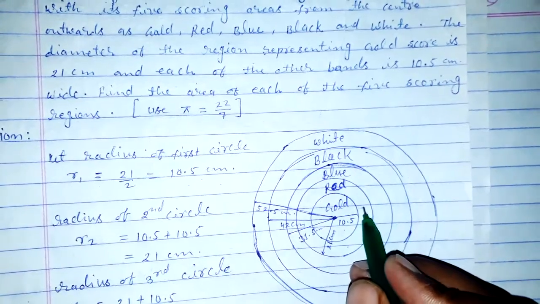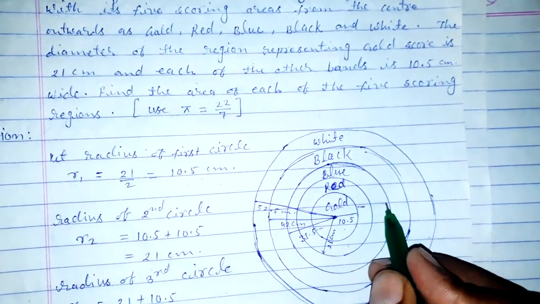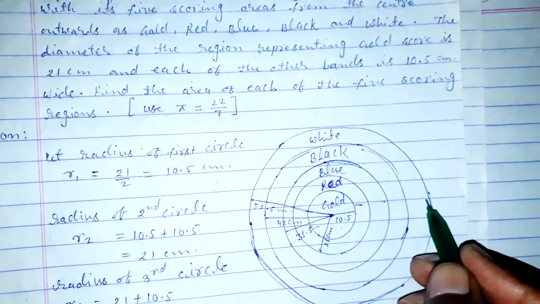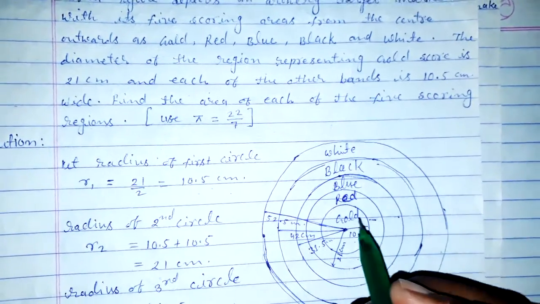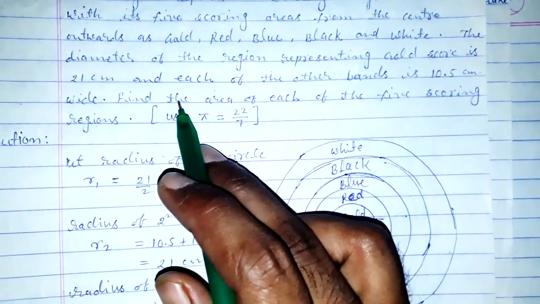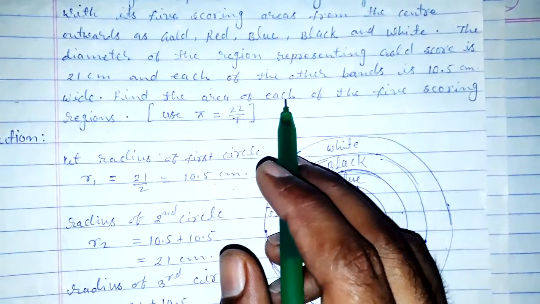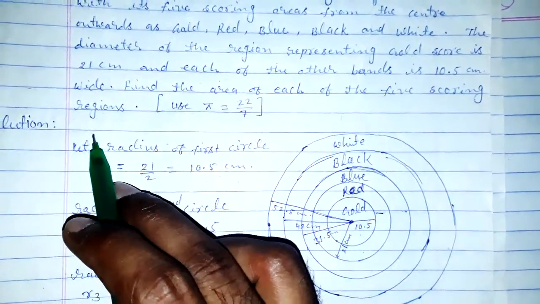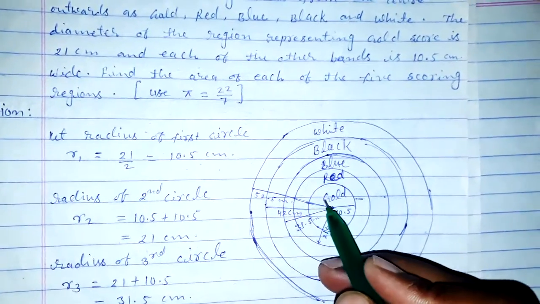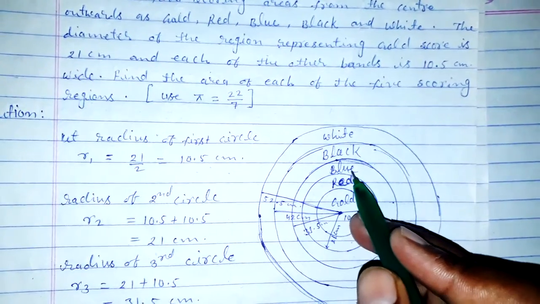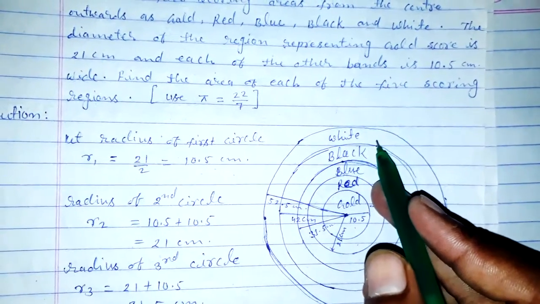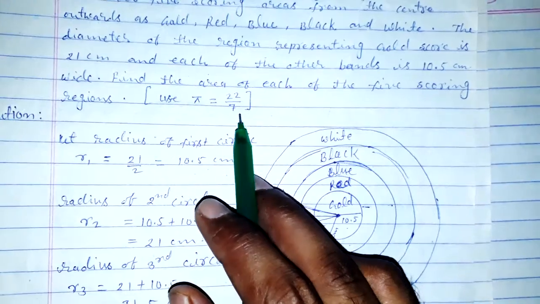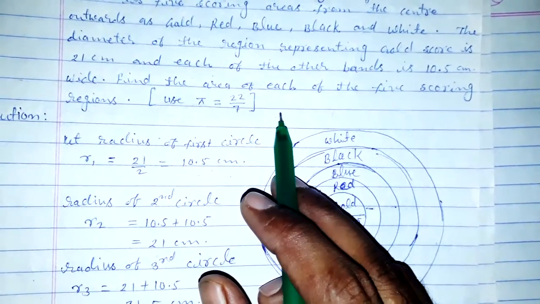Here we find the area of each of the 5 scoring regions: the gold region, red region, blue region, black region and white region. Use pi as 22/7, otherwise 3.14.